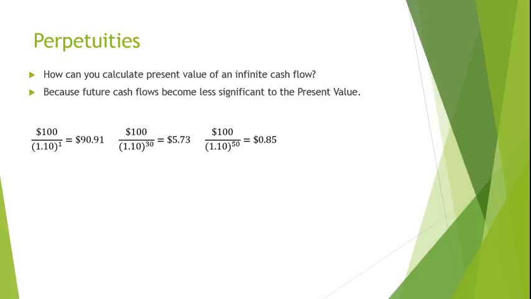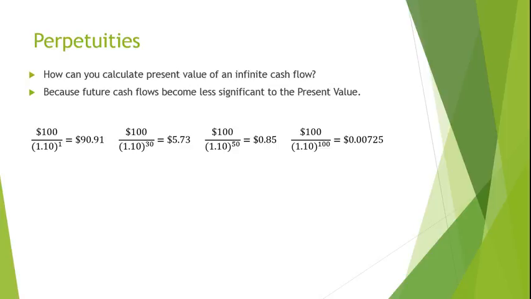And finally, a $100 cash flow received 100 years in the future discounted at the same 10% interest rate would only have a present value of less than a single penny, at about 7/10 of a cent. Therefore, even though there is an infinite number of cash flows, they eventually become so insignificant that they hardly have an impact on the present value of the perpetuity as a whole.